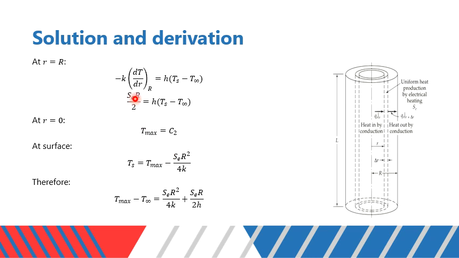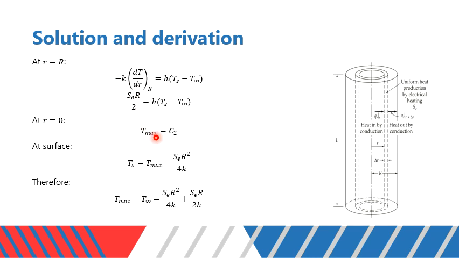We will apply minus k dT by dr equals h of Ts minus T infinity. dT by dr we know from the previous slides, it is Sc R by 2.